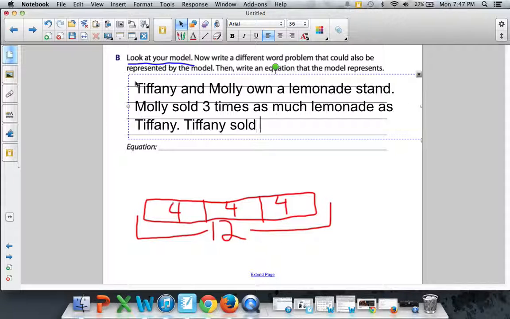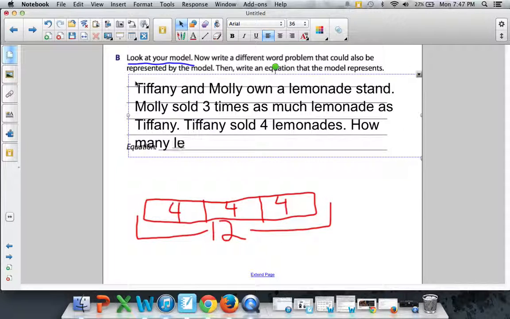Tiffany sold 4 lemonades. And then the question should be, how many lemonades did Molly sell?